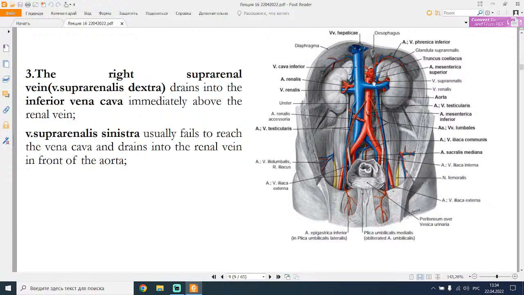Vena renalis, vena suprarenalis sinistra, vena renalis dextra, vena suprarenalis dextra drain into vena cava inferior.